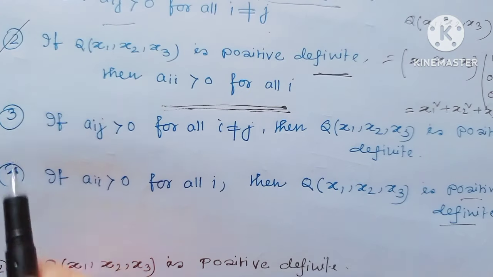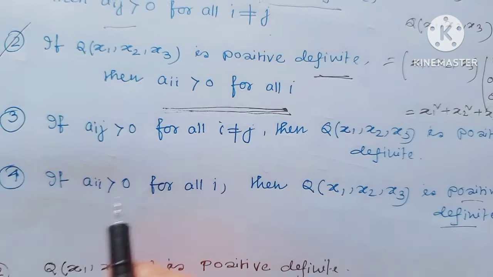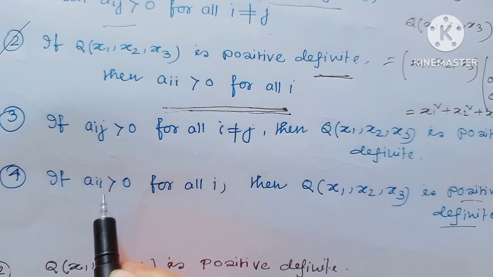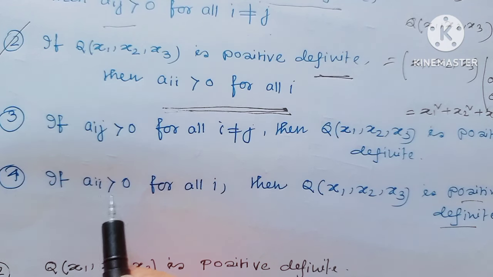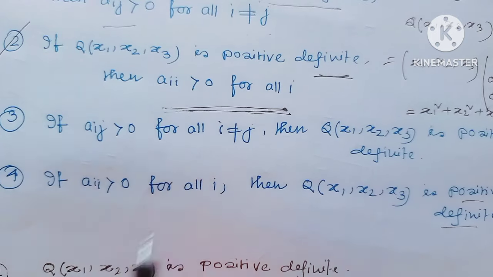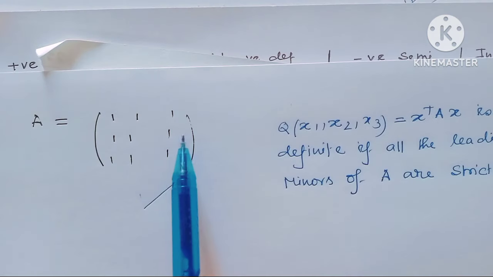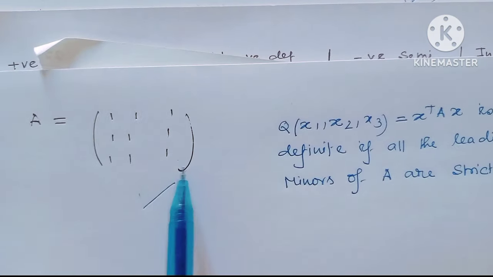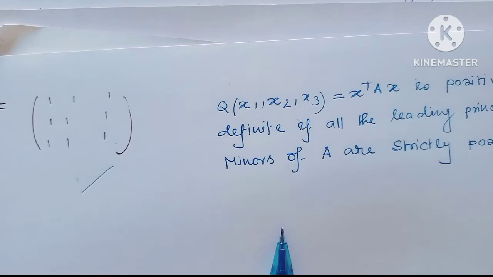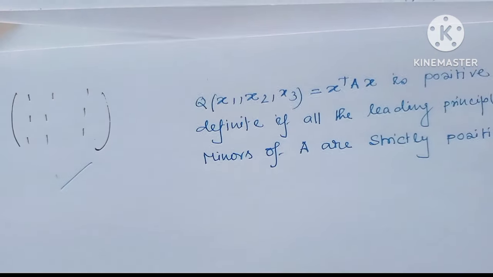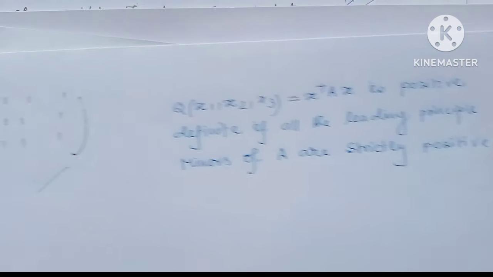Option 4 and option 3 are also wrong, because a few minutes ago I told you the converse is not true. If aii is strictly greater than 0, then we cannot tell the matrix is positive definite. As an example, consider A equal to the matrix with all entries 1. All of us know a quadratic form is positive definite if all leading principal minors are strictly positive.